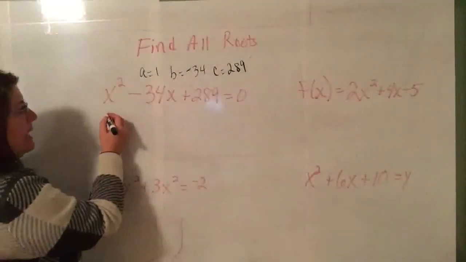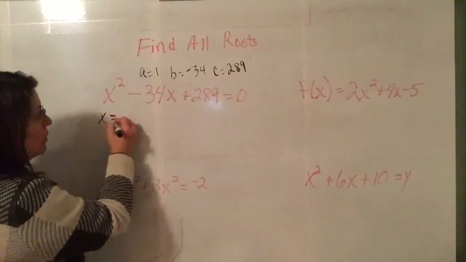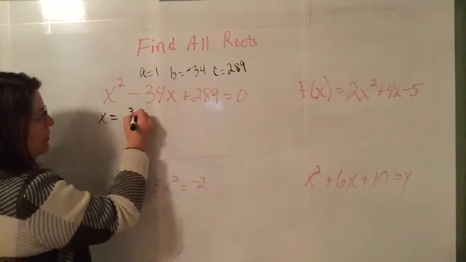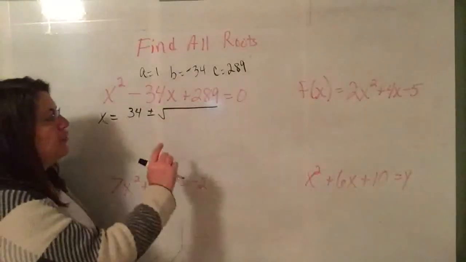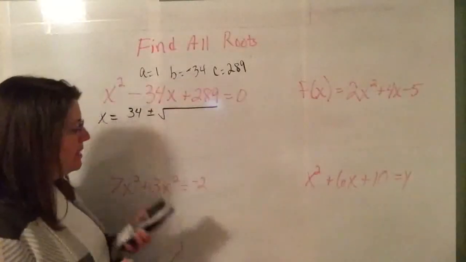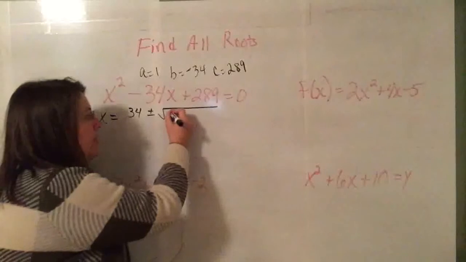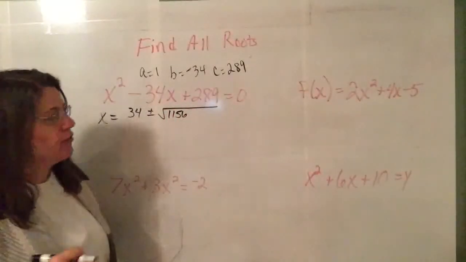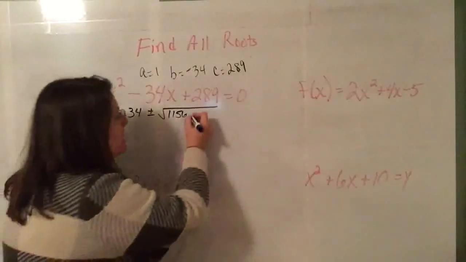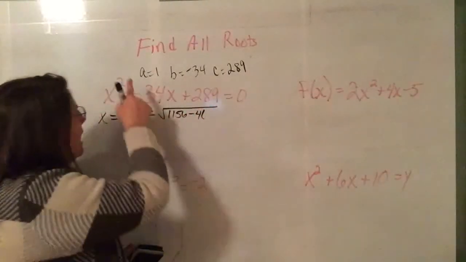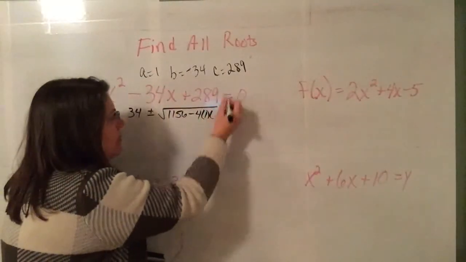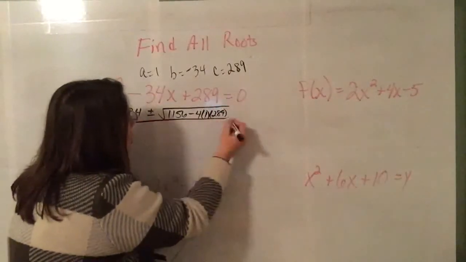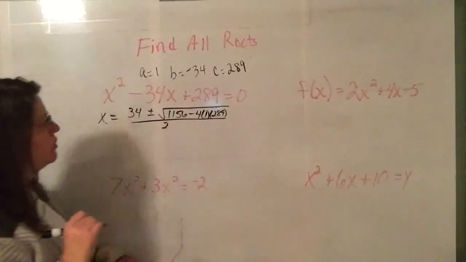So I have x equals negative b, well, the opposite of b is going to be 34, plus or minus the square root of b squared, and b squared here is 1,156. Use a calculator for these, there's no reason not to. Minus 4 times a, which is 1, times c, which is 289, and that's all over 2a, which is 2.